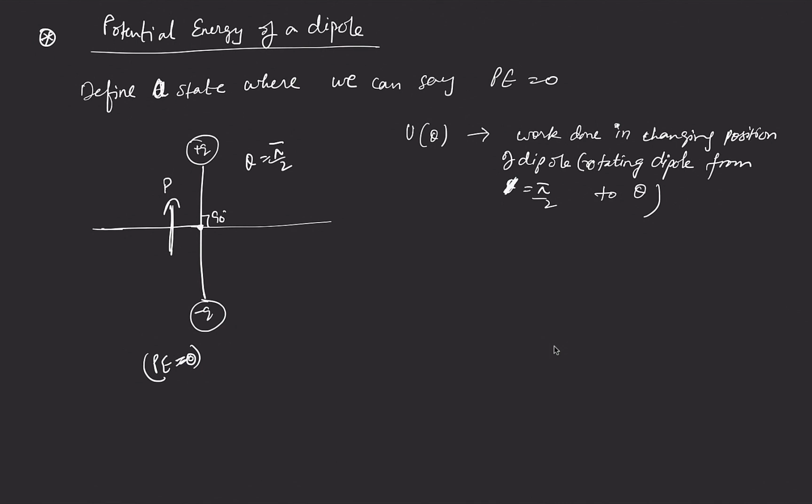Basically, from angle pi by 2, rotate the dipole to angle theta, and whatever work done is required for that rotation is known as potential energy. So let's say we rotate this dipole from 90 degrees to some angle theta. The work done in this rotation would be the potential energy.